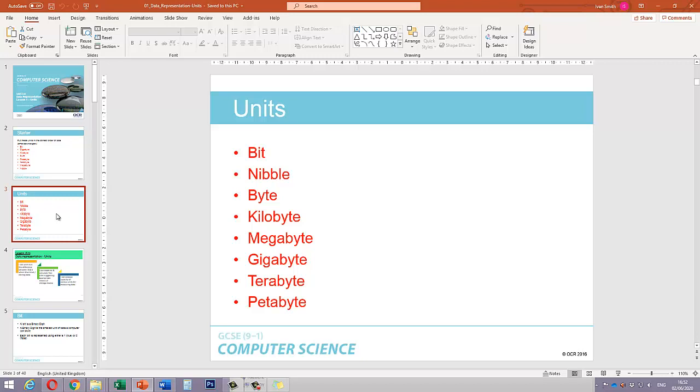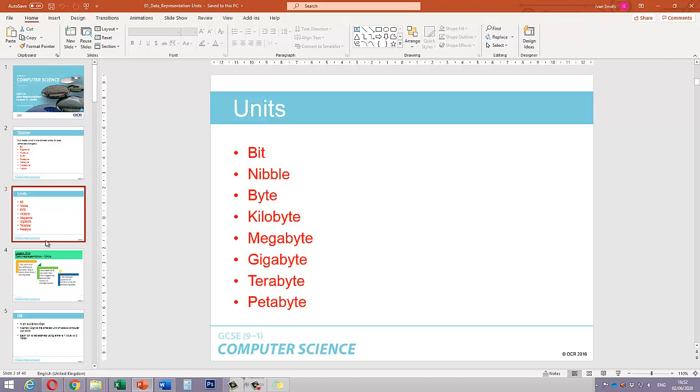A nibble is a sequence of 4 binary bits together, and nibbles are useful for converting into hexadecimal, as they only use 4 binary digits. A byte, which is a common measurement, is a sequence of 8 binary bits. And then the more familiar kilobyte, megabyte, gigabyte, terabyte, and petabyte.